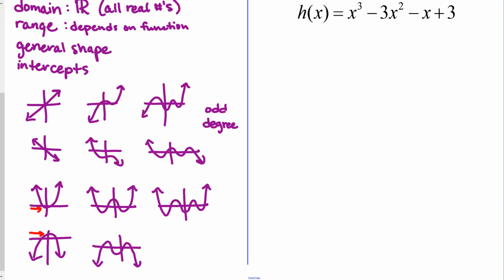So it really just depends on the polynomial. And when we're talking about intercepts, we're talking about the y-intercept as well as the x-intercepts. So some of them might have multiple x-intercepts. They all will only have one y-intercept.